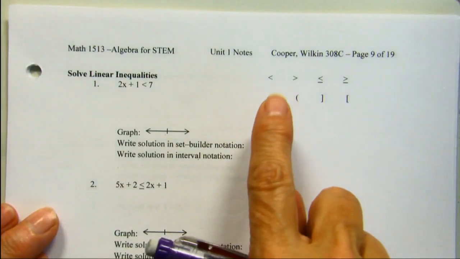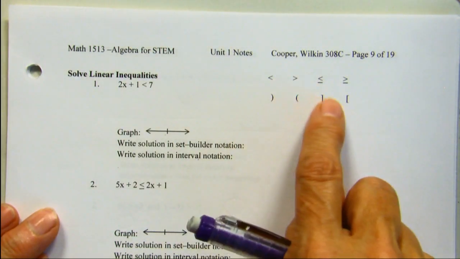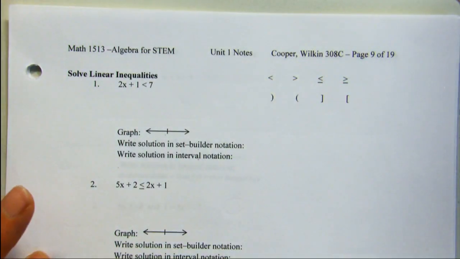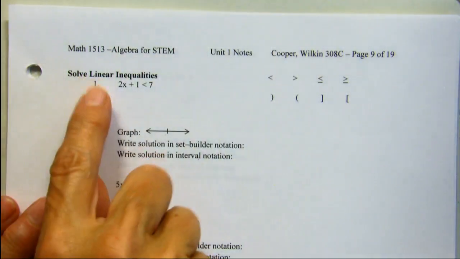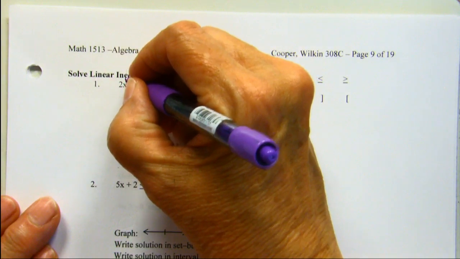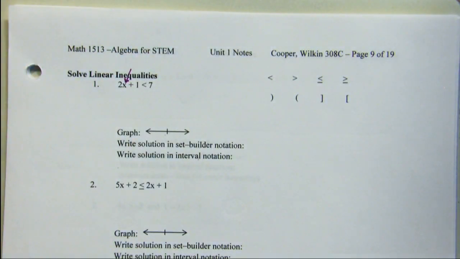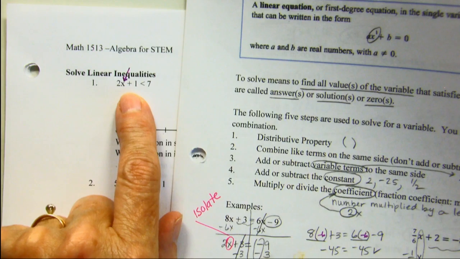Okay, so again, for interval notation, I've written down the parentheses or brackets that go with the inequalities. Hopefully you won't need to use them. All right, so I want to solve the linear inequality, and I'm going to solve for the letter X. Okay, well, just like we did in section 1.1, I don't have parentheses, I don't distribute.